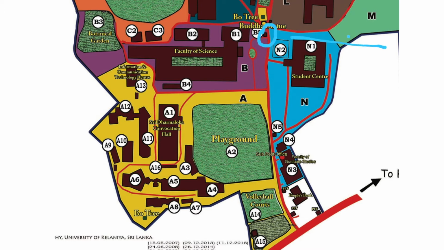We can label that point as point A in our map, and we want to bring that person over here to the Department of Statistics and Computer Science. We can label that second place as point B. So that is our job.